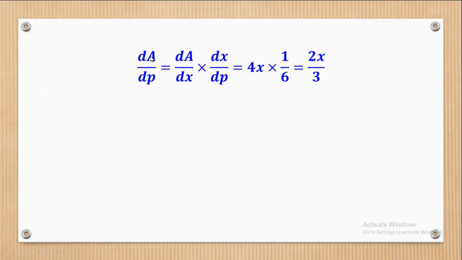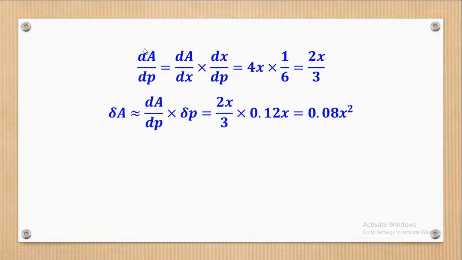So now I can use chain rule, dA/dP being equal to dA/dx multiplied by dx/dP. Now dA/dx is 4x and dx/dP is the reciprocal of dP/dx. The dP/dx was 6, therefore dx/dP will be 1/6. When I simplify, I'll come up with 2x/3.